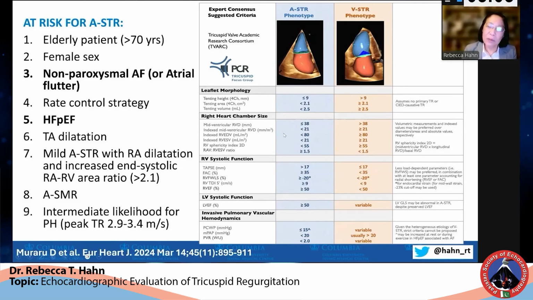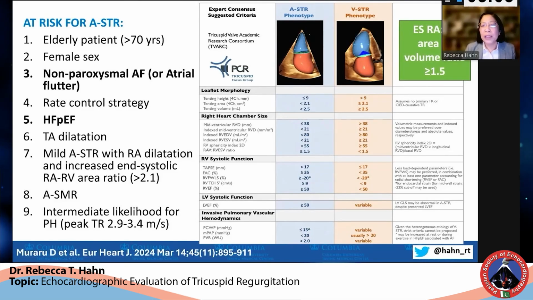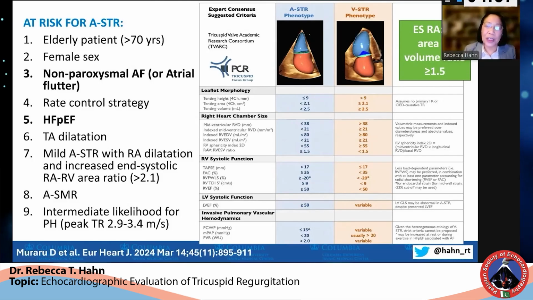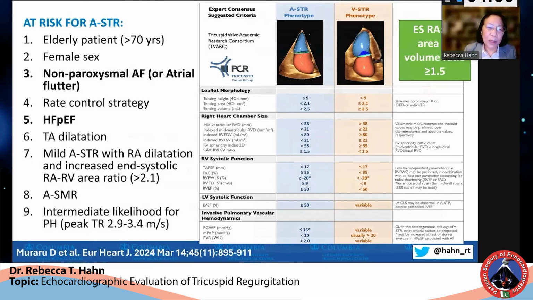But we're finding more and more that probably the most important characteristic of the differences in the morphology is indeed the end systolic right atrial to right ventricular area or volume ratio of about 1.5.